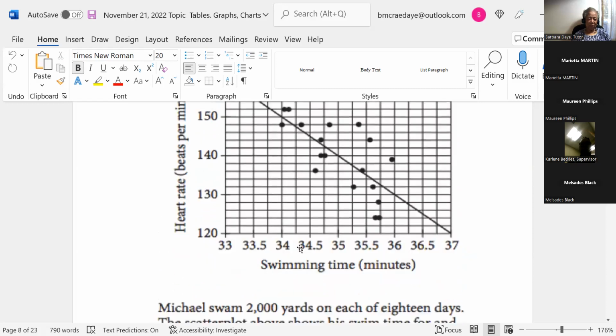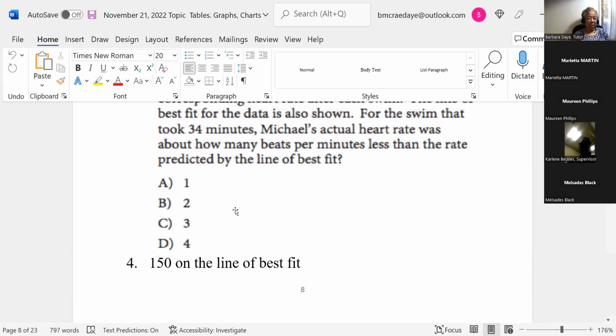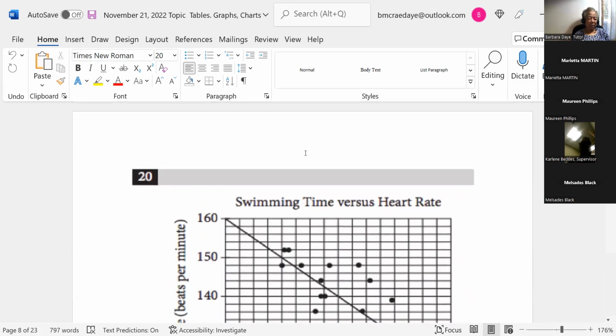So you see the 150. Let me just put it here: 150 on the line of best fit. Now, it says how many beats per minute less than the rate predicted by the line of best fit. What was the heart rate? So on the line of best fit was 150.